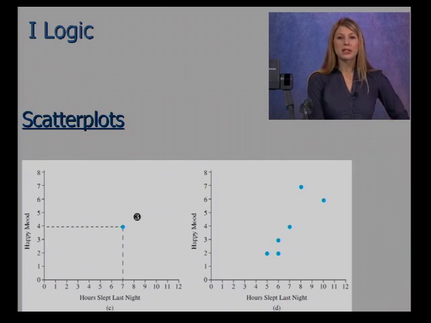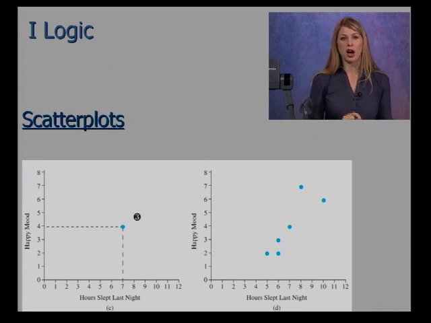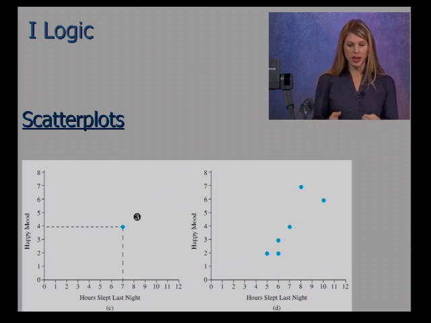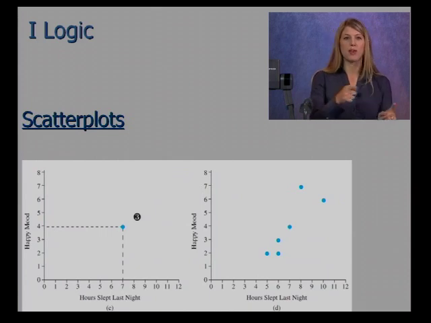Now the way we represent correlation, or two continuous variables and the relationship between those variables, is by use of scatter plots. And here's an example of a scatter plot where each dot represents only one individual, so one individual's observation on two different variables. What you would do is take this one individual, ask them how many hours they slept, and go on the x-axis to however many hours they slept.